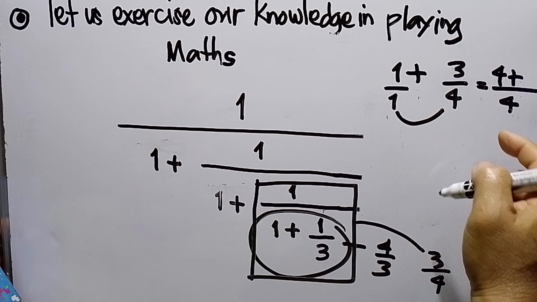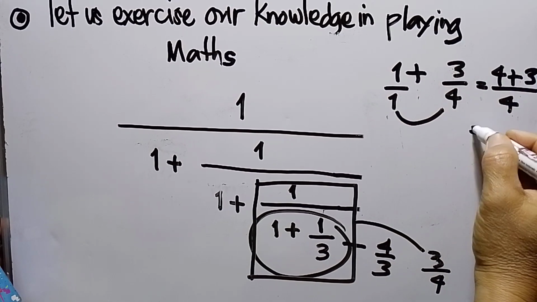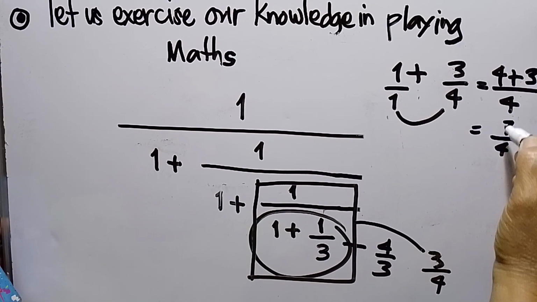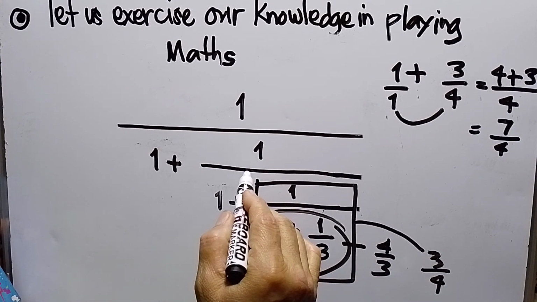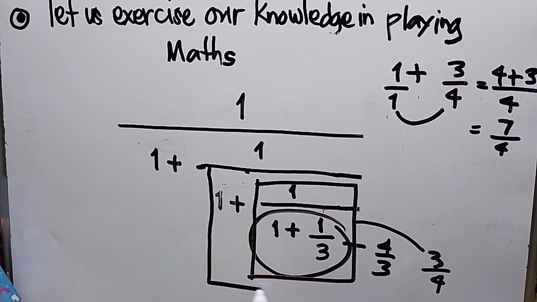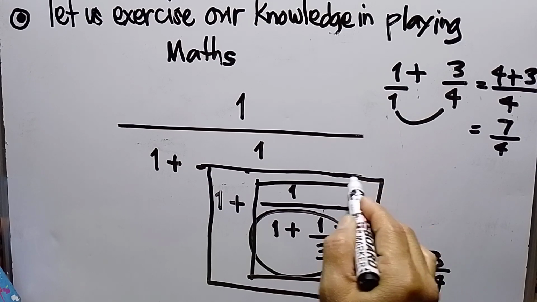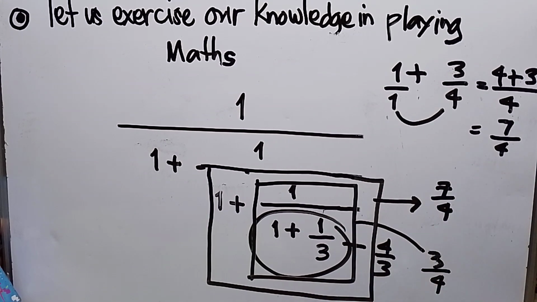Then plus 4 divided by 4 is 1 times 3. So this will be 7 over 4.